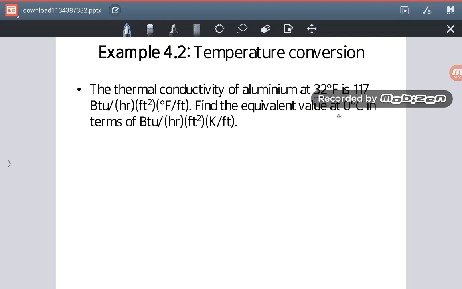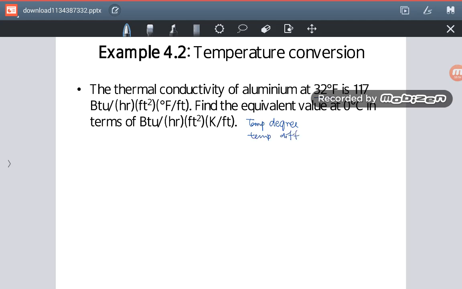Find the equivalent value at 100 degree C in terms of BTU per hour, feet, Kelvin and feet. So here the first question asks whether this is a temperature degree or temperature difference.